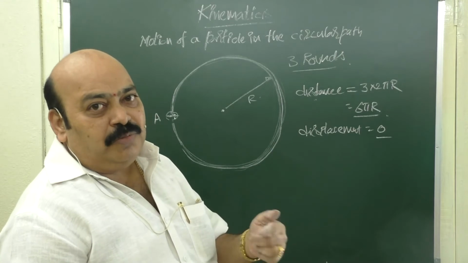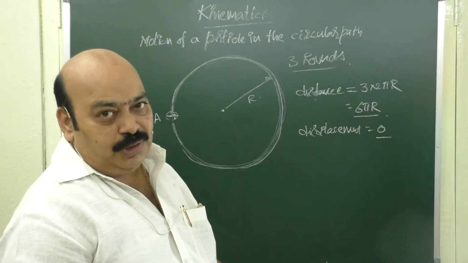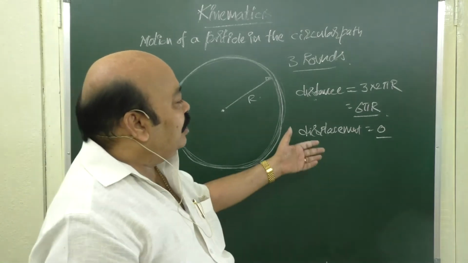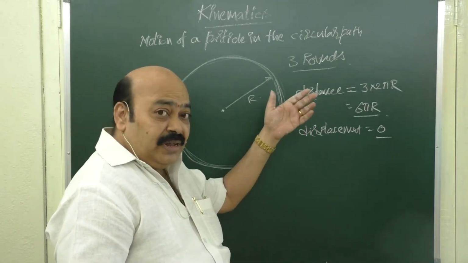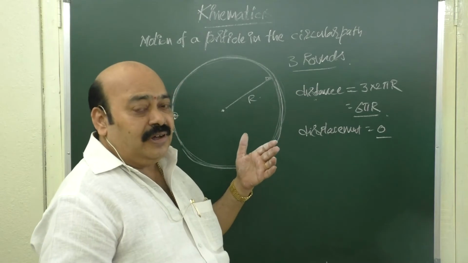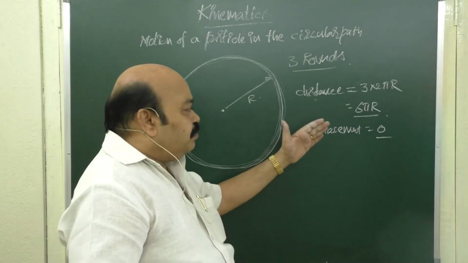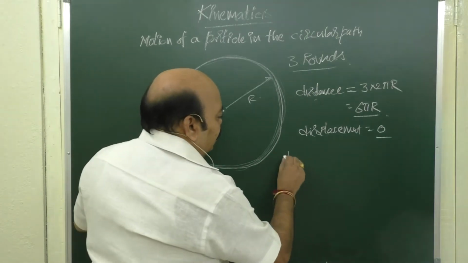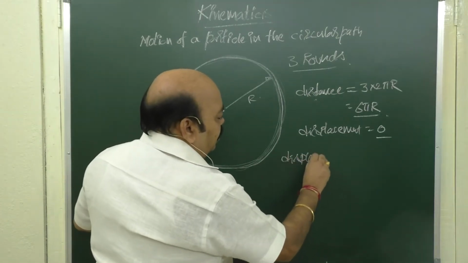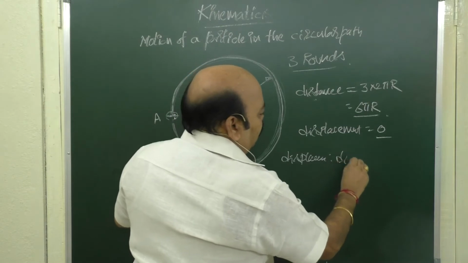Simply, one more step to check your IQ. What is the ratio? What is my question? Be careful. The ratio of displacement to distance. Displacement to distance means it is nothing but displacement over distance.